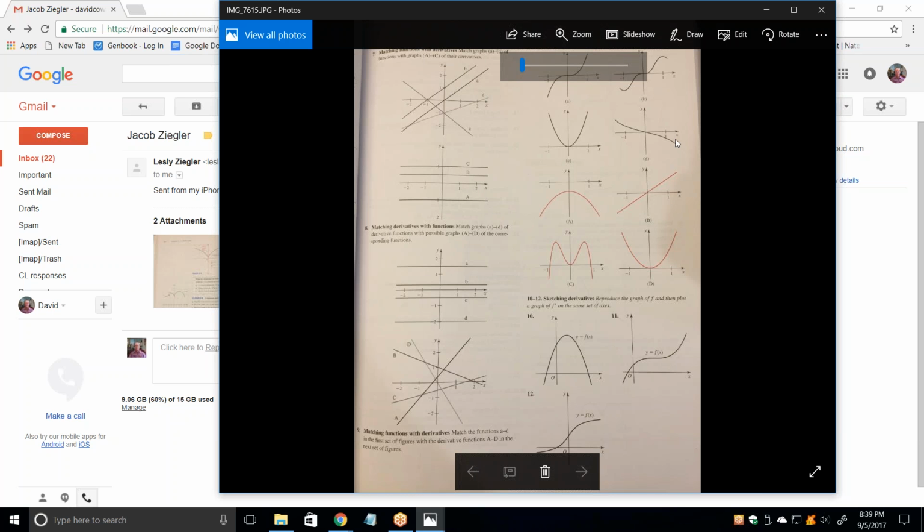All right. So my interpretation of this is these 4 black curves are the function and the 4 red curves are the derivative. And I'm to match up which one is which. Am I correct? I think, yeah. That makes sense to me.